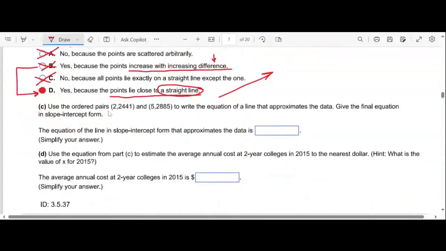Use the ordered pairs 2, 2441 and 5, 2885 to write the equation of a line that approximates the data. Give the final equation in slope-intercept form. I will consider these two points as x1, y1, x2, y2.